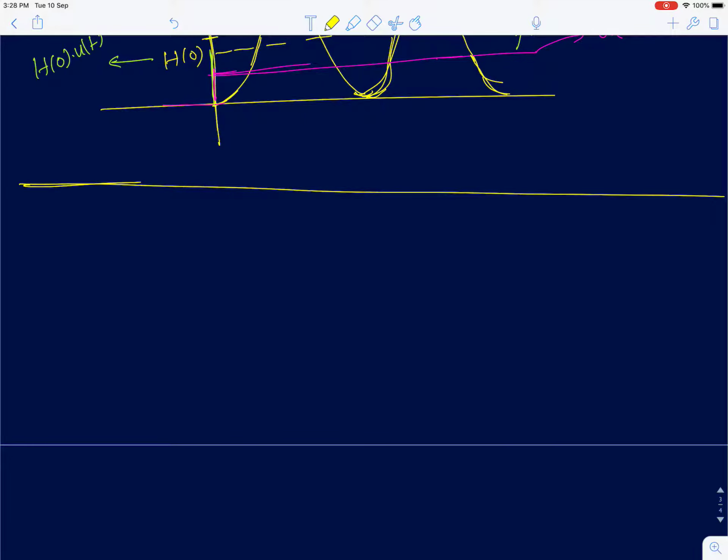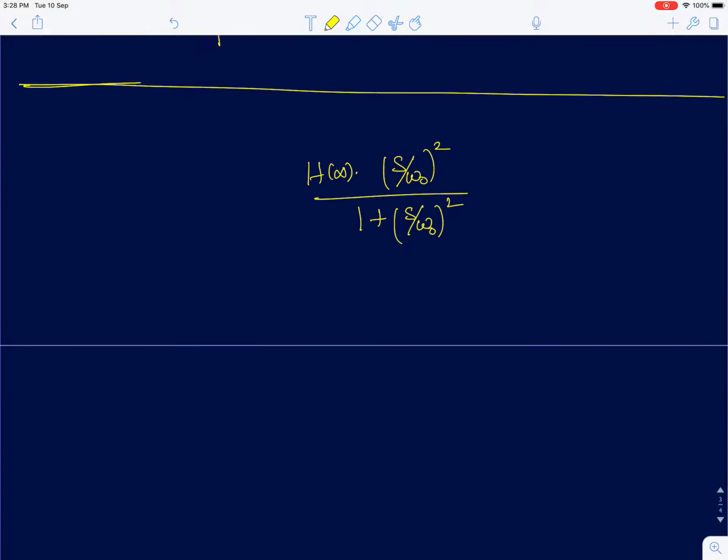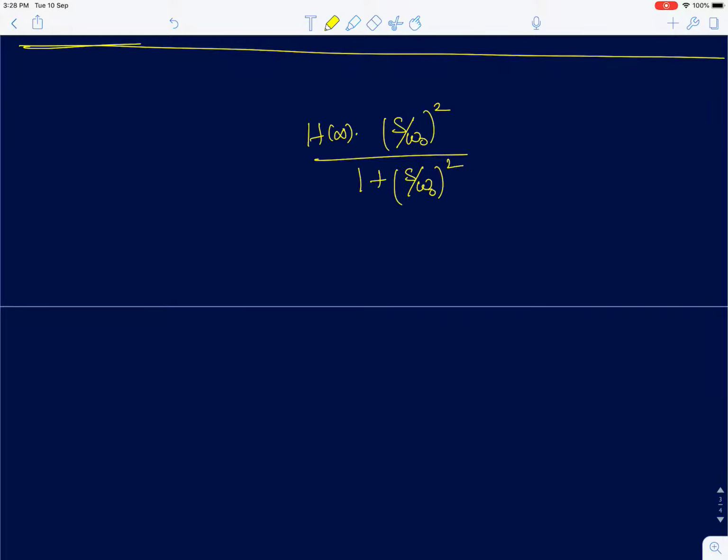The next system is the high pass system. First we'll try to draw the frequency response of this system for very low frequencies.